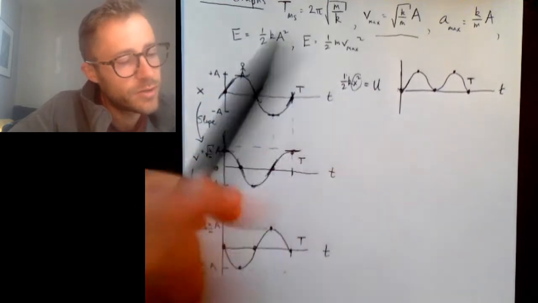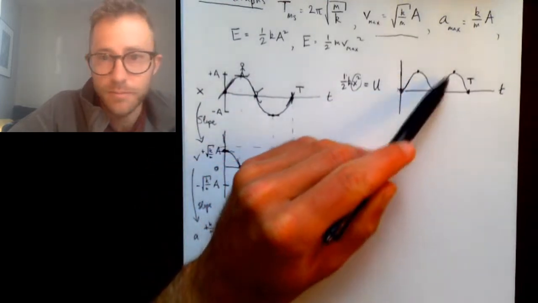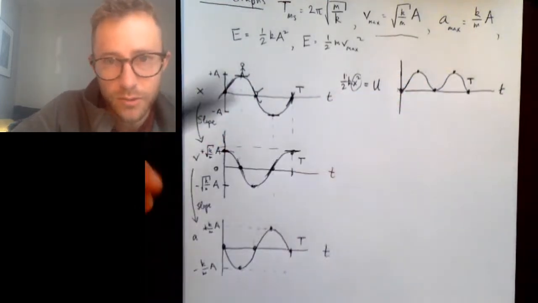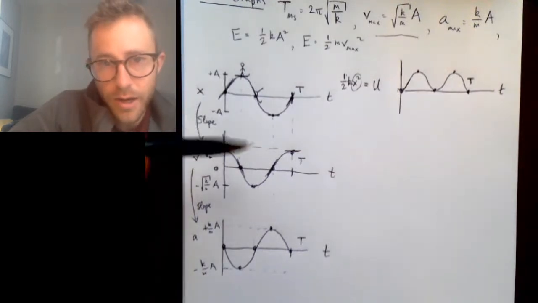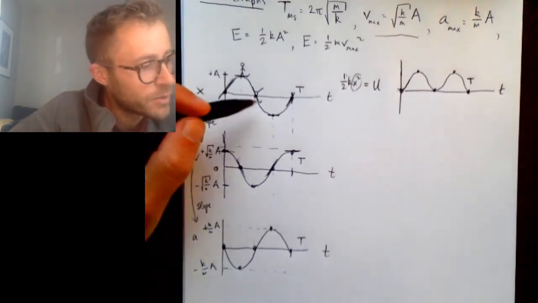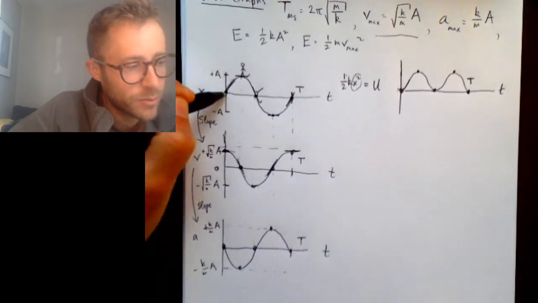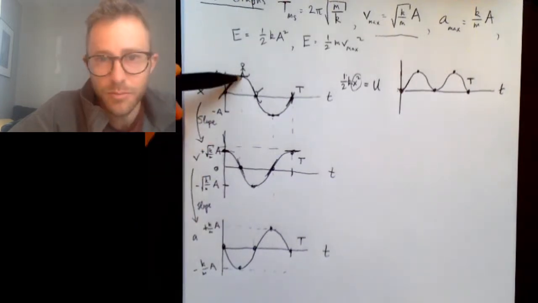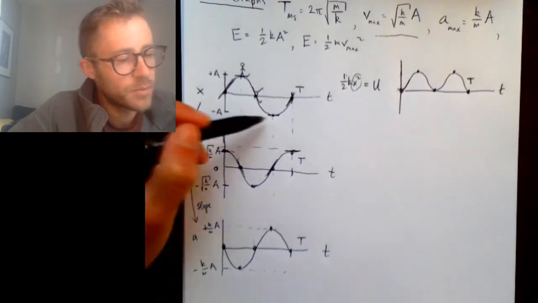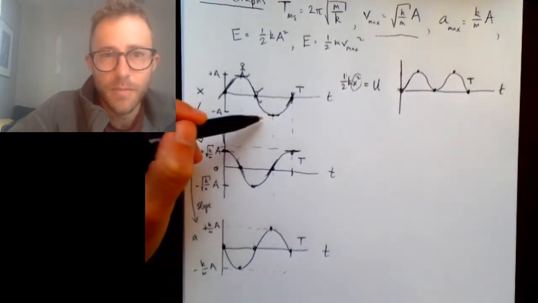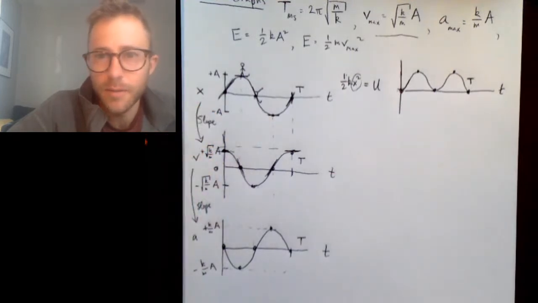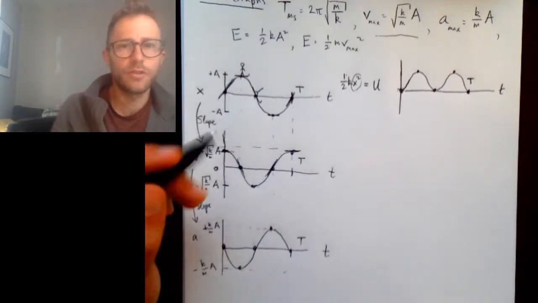But the potential energy graph has 2 peaks in a period, so it wiggles twice as fast. Now, why is that? It's because your potential energy is maximized when you're at position plus A or when you're at position minus A. All right? So just keep that in mind.